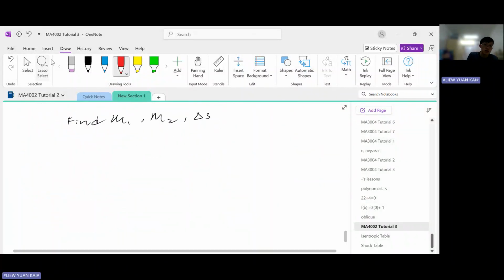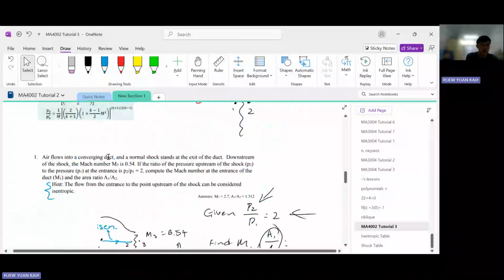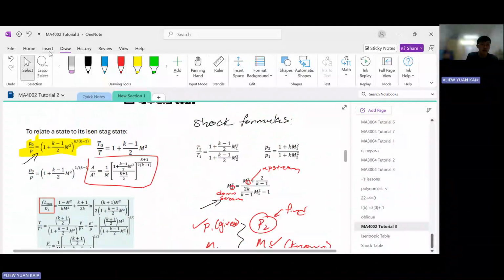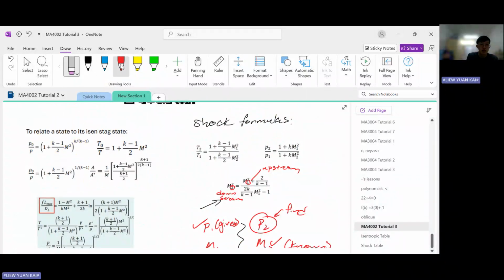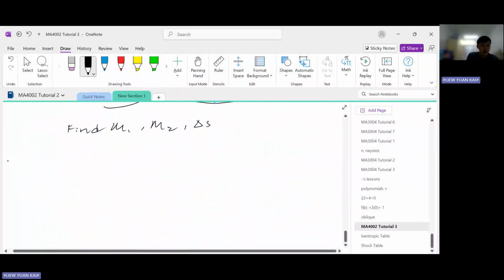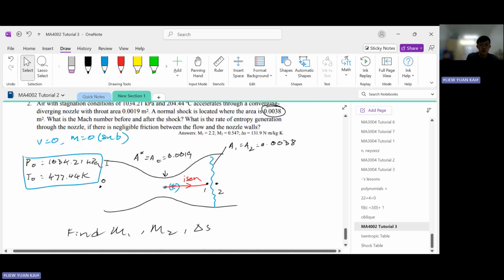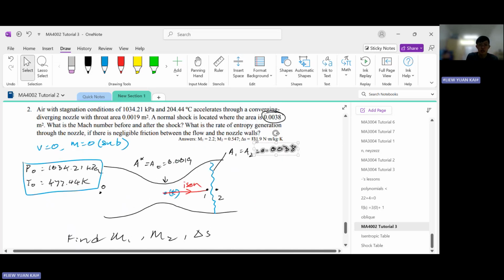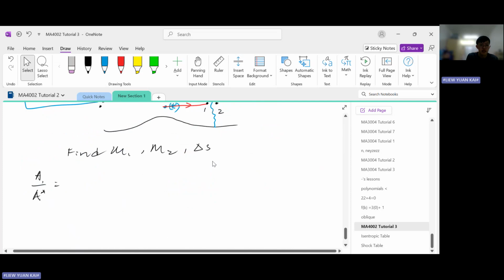So I'm going to use the area ratio formula for isentropic flow. So A1 over A star is equal to, I'm going to substitute it in. A1 is this, and A star is this.